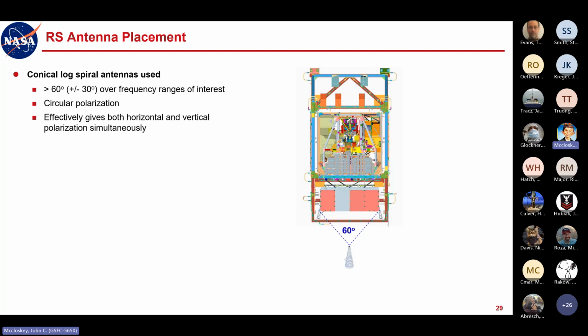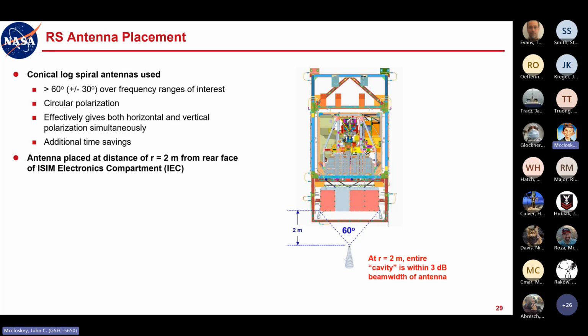So they give you both horizontal and vertical polarization simultaneously. So with a strategically placed antenna, you can get full coverage in one position, one polarization. So one sweep, right? So it's additional time saving, or again, more efficient use of test time.